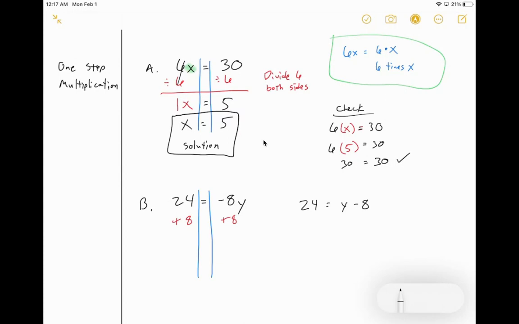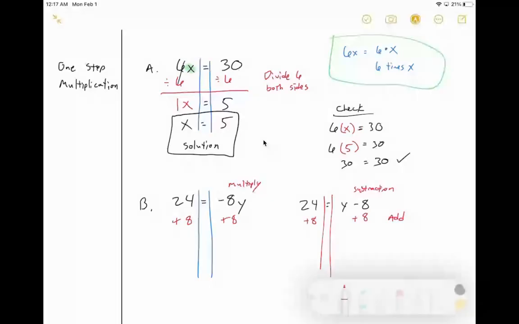If you had this problem, then yes, you would add 8 on both sides. You guys see the difference? This one is subtraction, so we add. This one is multiplication.